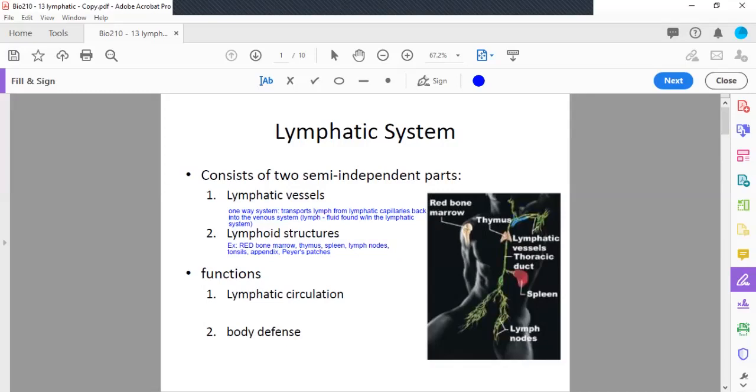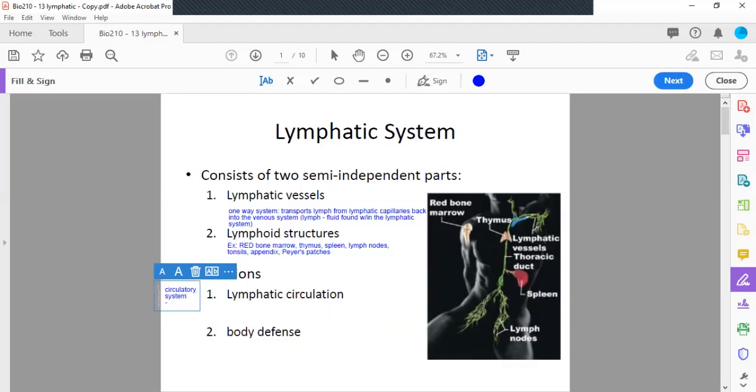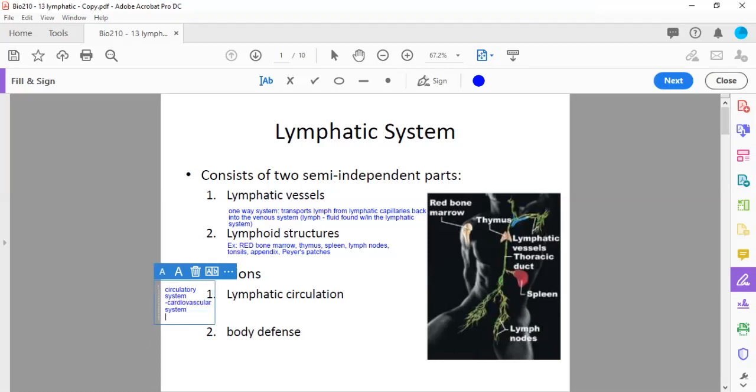At the very beginning of the semester, I said the circulatory system is a combination of both the cardiovascular system and the lymphatic system. Both are involved with circulation of different volumes: the cardiovascular system circulates blood, whereas the lymphatic system circulates the lymph.